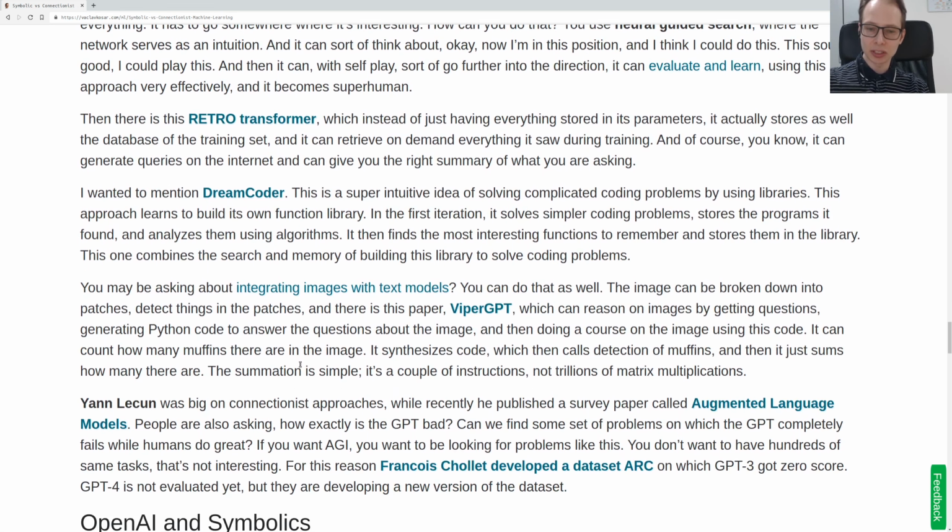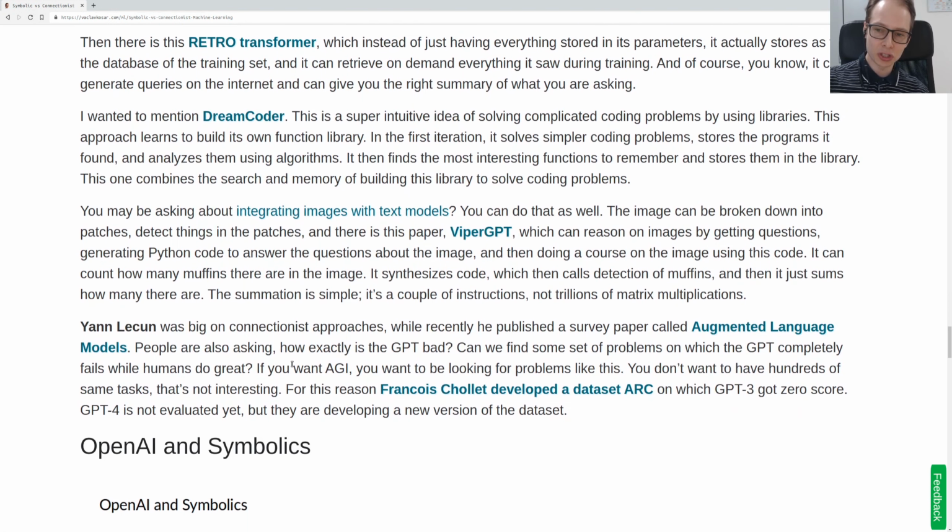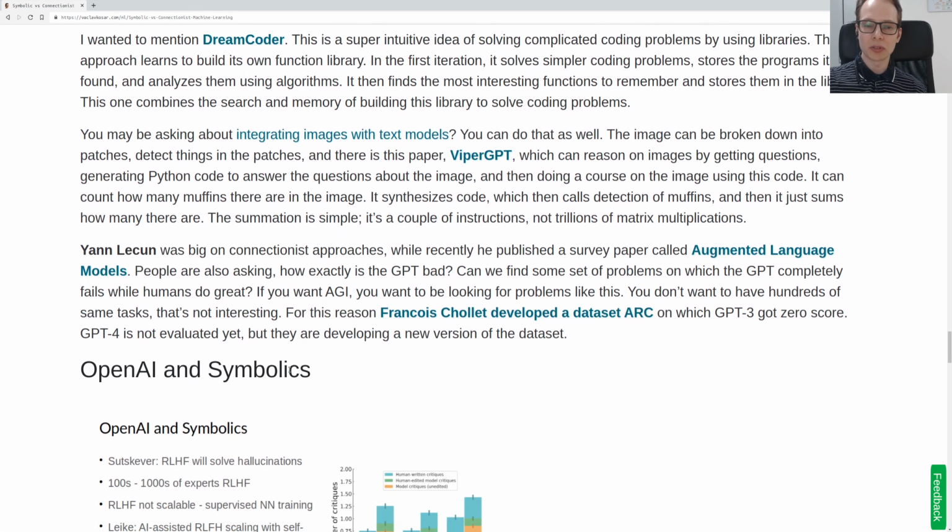Retro Transformer has the entire training set stored, and it can search through it when it tries to generate the next token. And there's DreamCoder, which is like an even bigger combination of these things, which actually searches algorithms. It first solves simpler problems, then finds useful methods to store in its library, and then it does it again.